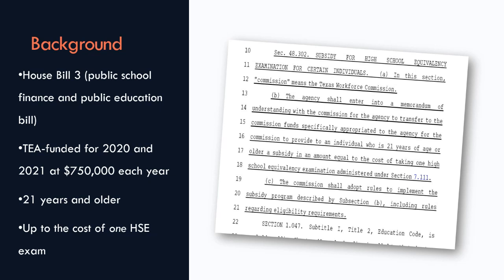And because of that, there is a price variance from, I believe, $25 to $36.25, depending on which test you're taking and the manner in which you're taking it. But for a student and for our programs, we just want to make sure that the understanding is this subsidy will cover the cost of one full exam. Okay, so going on to the next slide.